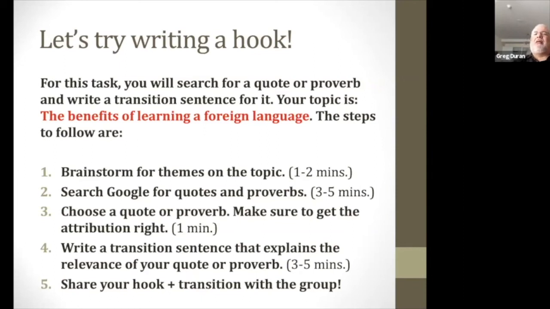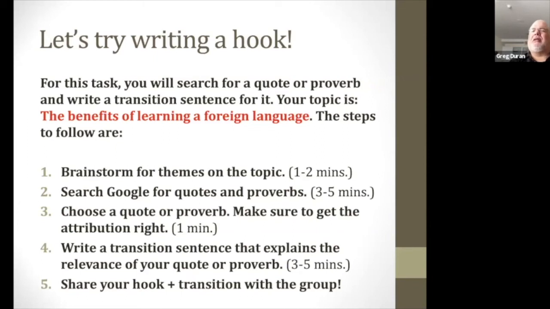And then once you have cut and pasted that quote and the attribution, think of a way to transition that quote or that proverb into the body of your introduction, with something like, this quotation, though thousands of years old, is still meaningful today because blah, blah, blah.